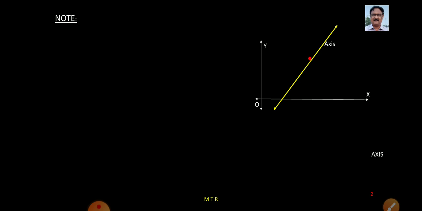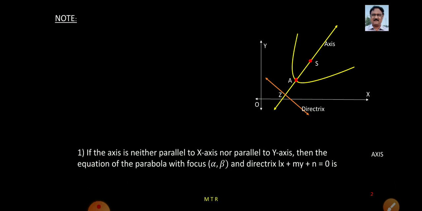In this case, the focus is always on the axis. Suppose this is the focus S. Okay, this is the vertex A. This is our parabola. This is the directrix of the parabola. Now, you observe, this axis is not parallel to the x-axis, not parallel to the y-axis.